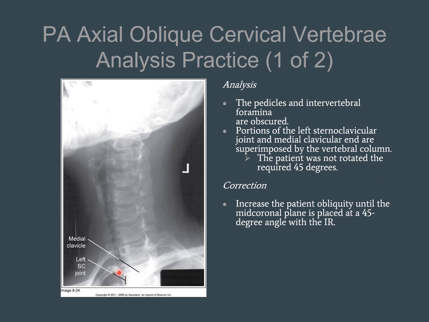The medial clavicle here is superimposed by the vertebral column, and this should just indicate to you that the patient wasn't sufficiently rotated to that 45 degrees that we need to open up those intervertebral foramina, so that we can get a good view of those pedicles. In order to correct this, we just need to increase the degree of obliquity until the mid-coronal plane is placed at that 45 degrees with the IR.